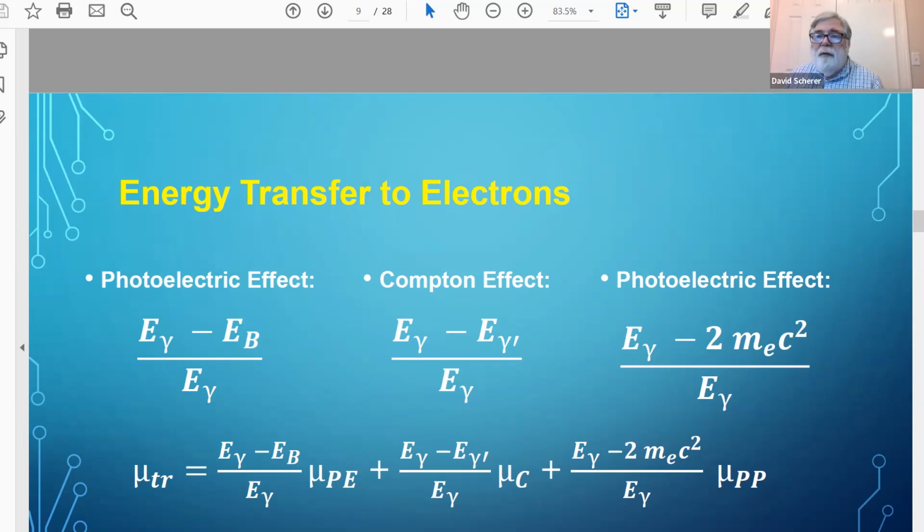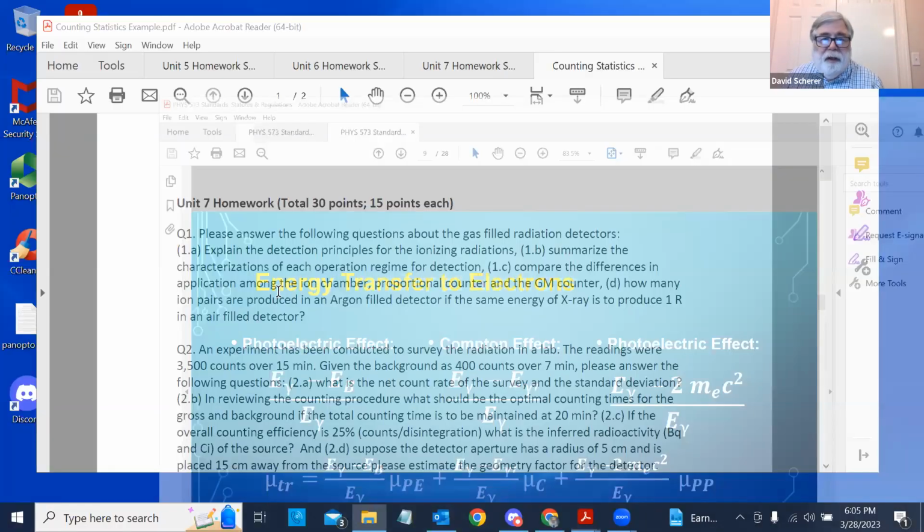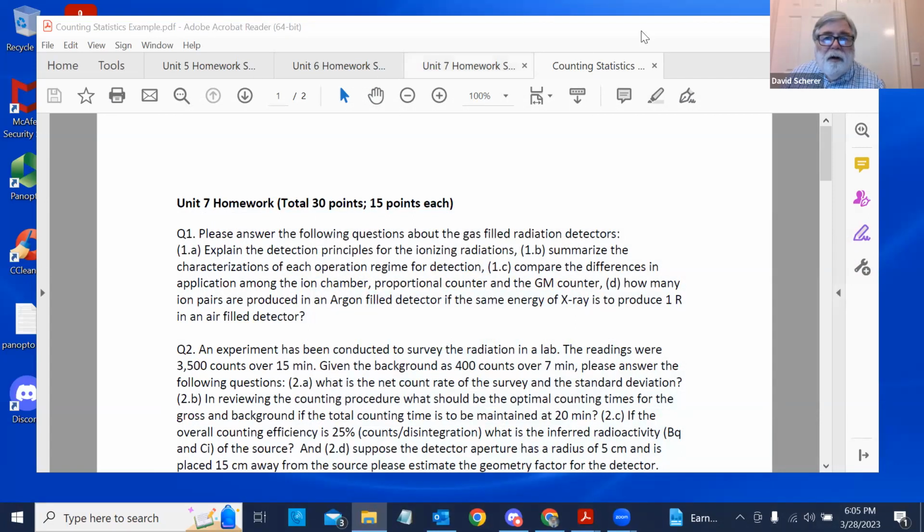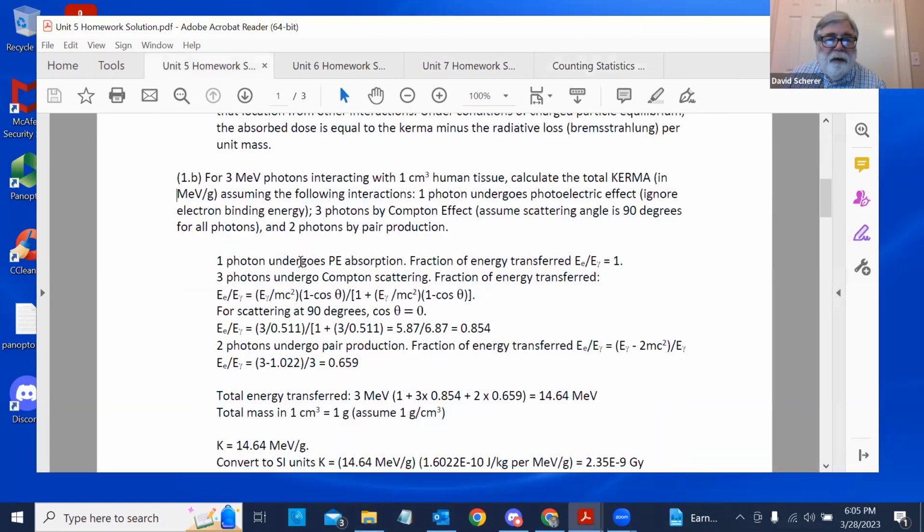And in the problem in unit 5, it just says there's 1 photon that undergoes this kind of transformation. There's 3 photons that undergo this kind of transformation. It doesn't give us the attenuation coefficients. And it's also an unusual mix. It's a little bit artificial. These may not have been what would actually occur.